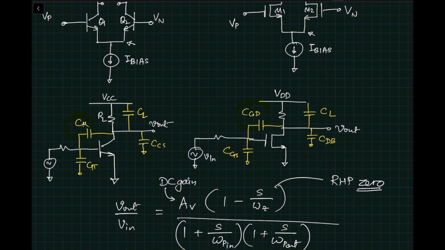They can dominate the frequency response. So I'll repeat the point. C mu and CGD, even though they are small numbers to begin with, because we have large gain from input to output, due to Miller effect, they will get multiplied by the gain from input to output, and they can deteriorate the performance of your amplifier.